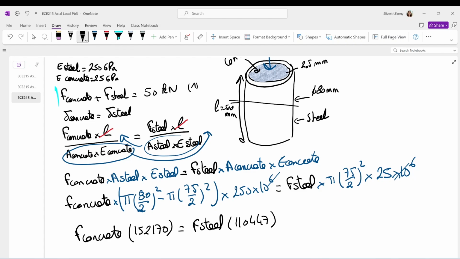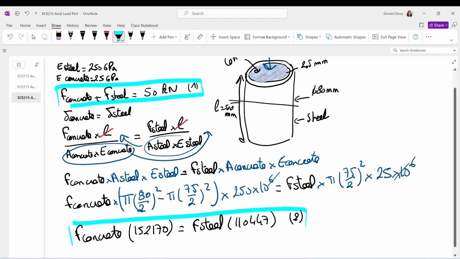This is my equation number two. I may have kept the 10 to the 6, that's okay. I have this equation and the other equation.